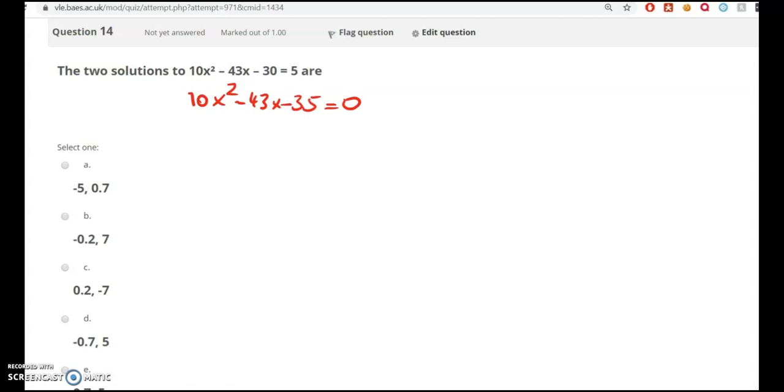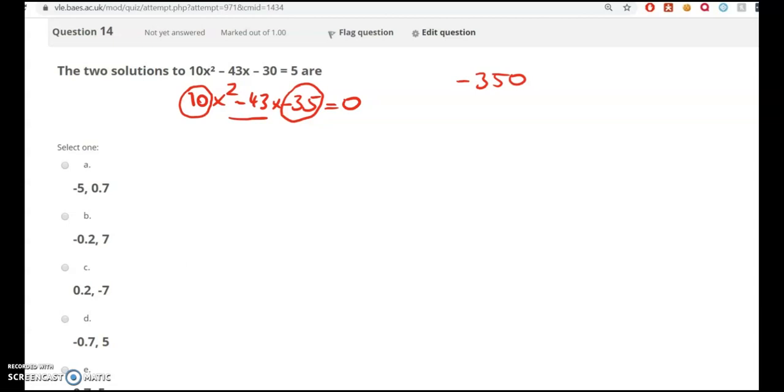So we've got a coefficient of x squared being 10, and we've got c being minus 35. So we'll multiply these together, which makes minus 350. So we need to find two factors which multiply to give us minus 350, but also add to give us minus 43.